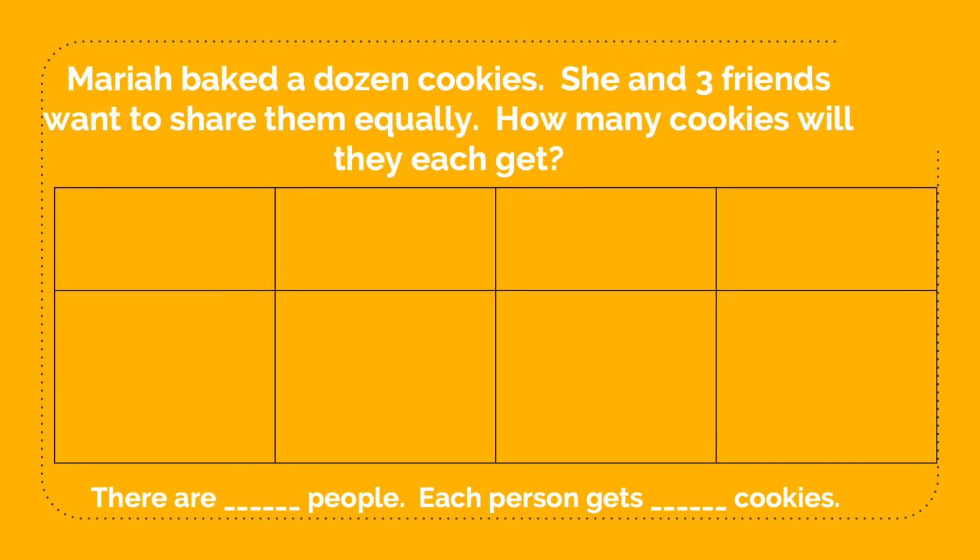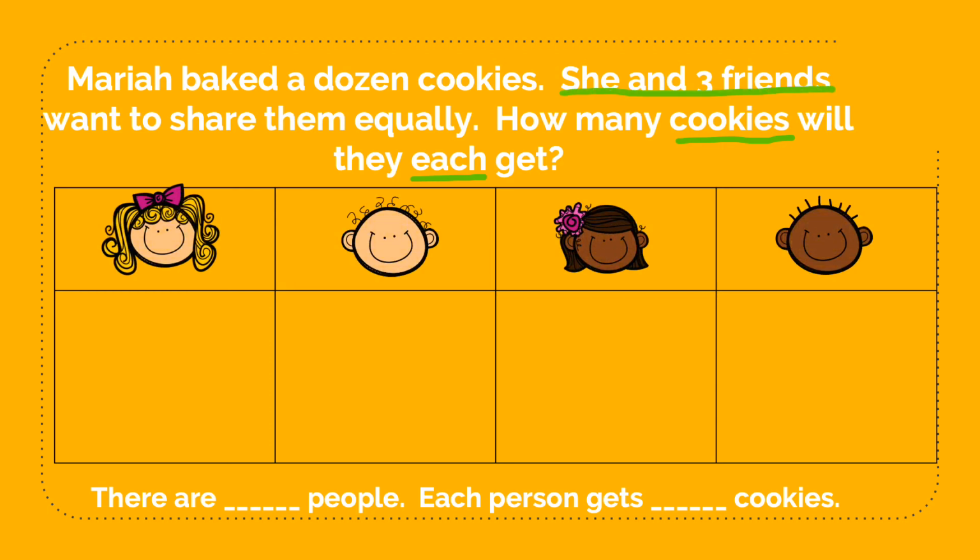In this problem, we want to know how many cookies everyone gets. I know that there are 4 friends sharing the cookies. It's Mariah and her 3 friends. I know that she has baked a dozen cookies, and dozen is another word for 12.